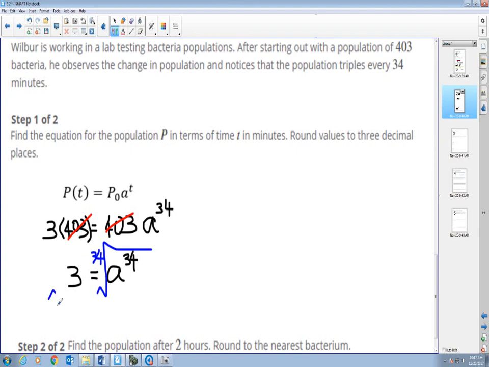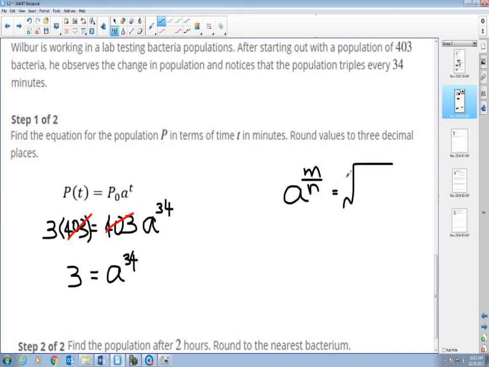Now, I don't think we've ever done something like that before. Remember, during the review, we mentioned that a fraction exponent becomes the radical. The denominator determines how many roots we are taking. The base A is raised to the numerator power.